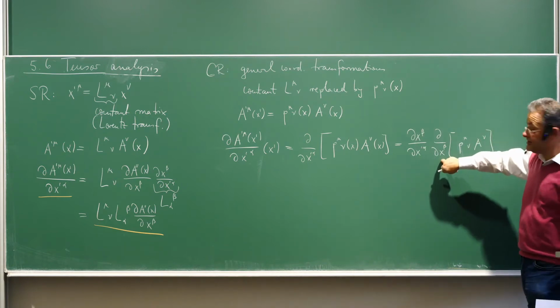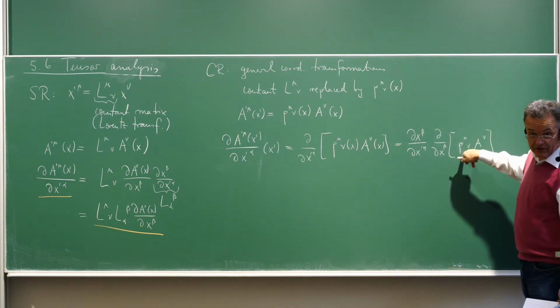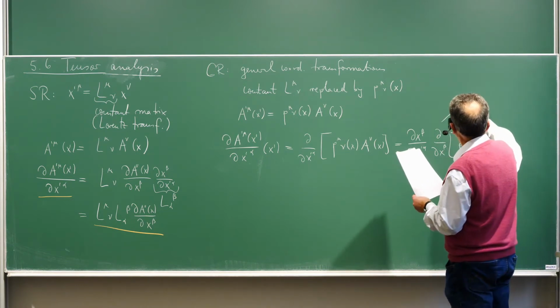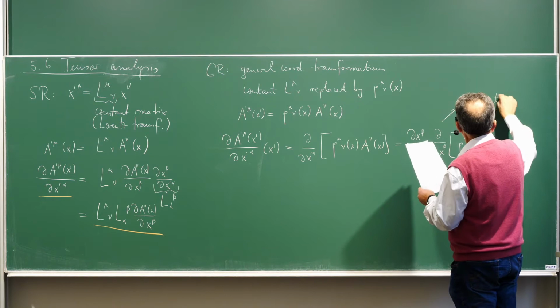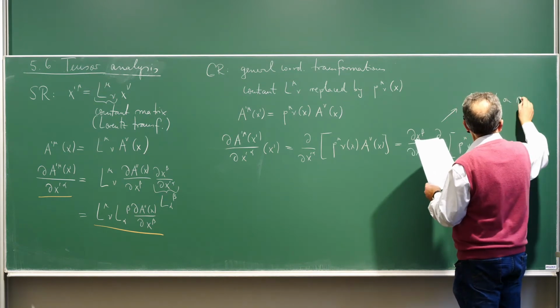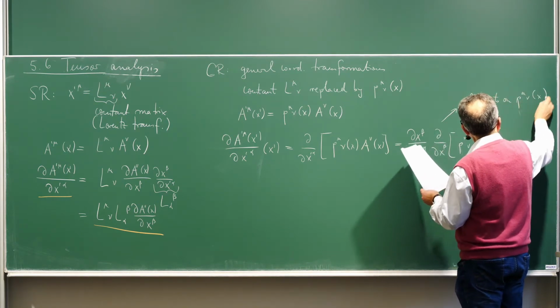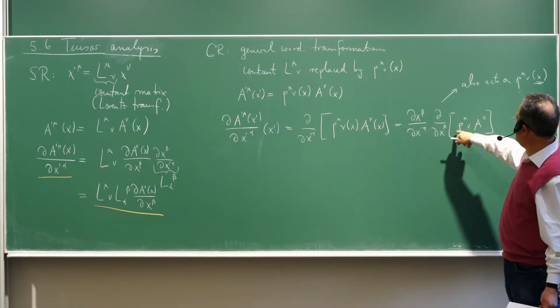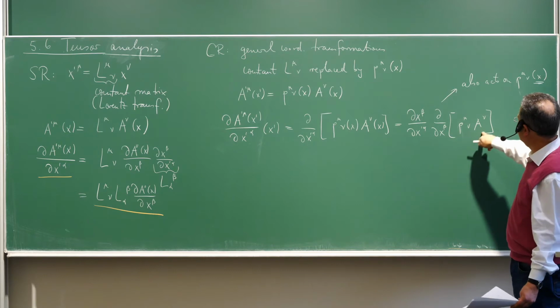Now you see this also acts on the P, because this also depends on x. So this also acts on P mu nu of x. So we have now an extra term.